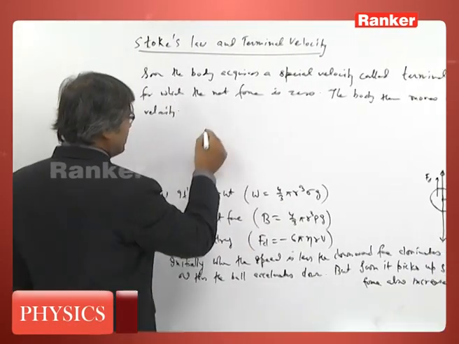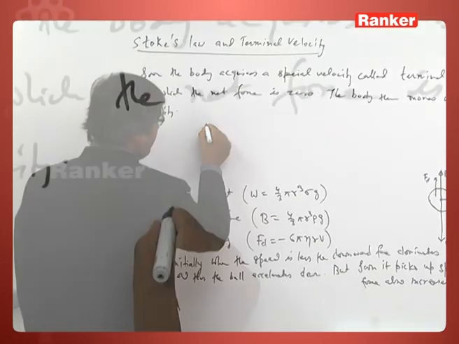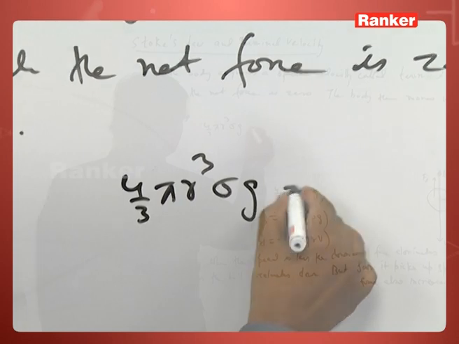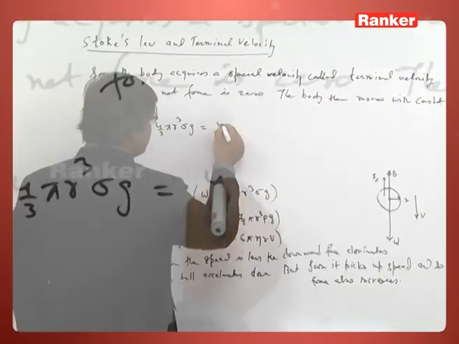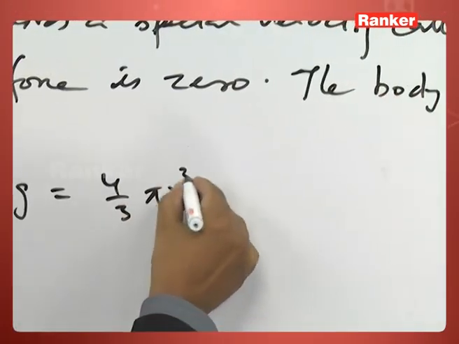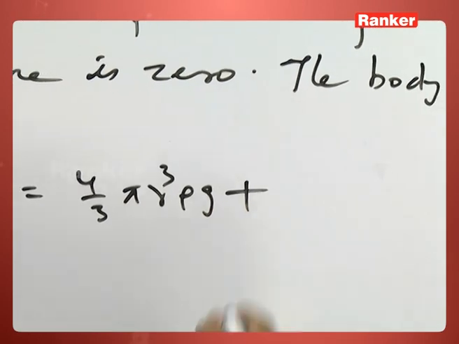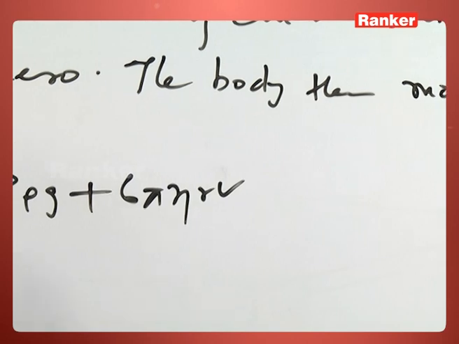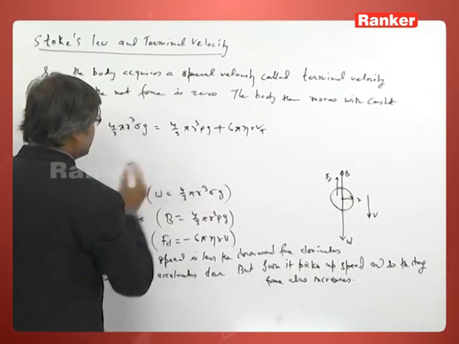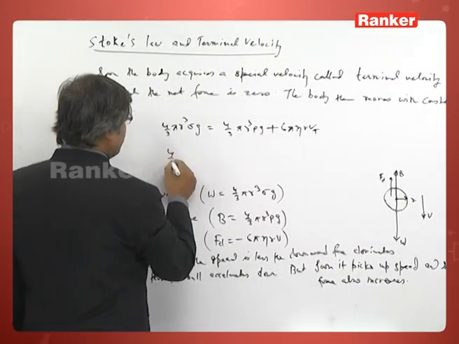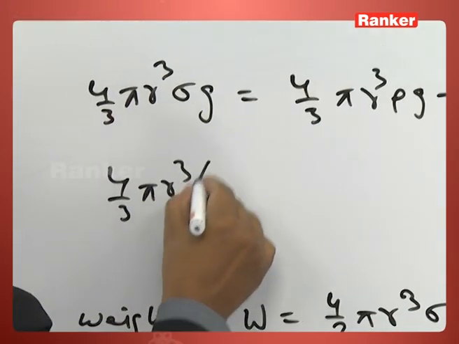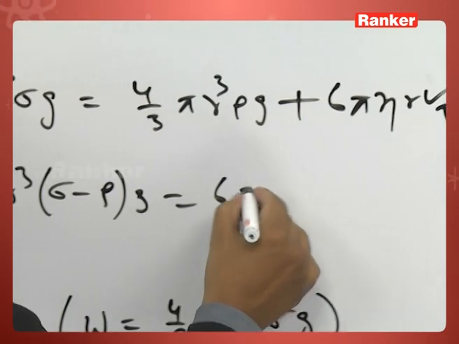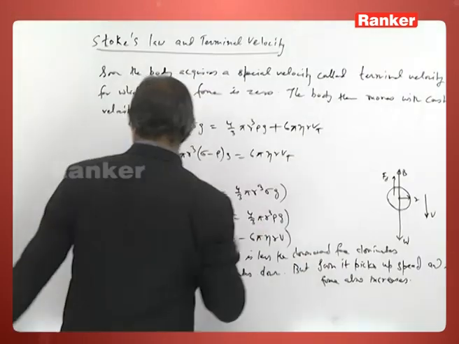So the net force becomes 0, that means the weight, that is 4 by 3 pi r cube sigma g, is balanced by buoyancy 4 by 3 pi r cube rho g plus 6 pi eta r v. So for terminal velocity, we bring this 4 by 3 pi r cube (sigma minus rho) g equal to 6 pi eta r vt.